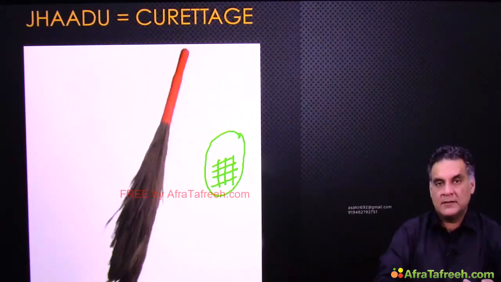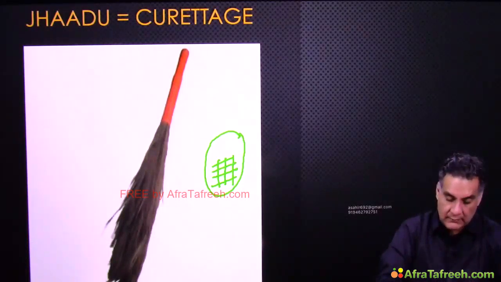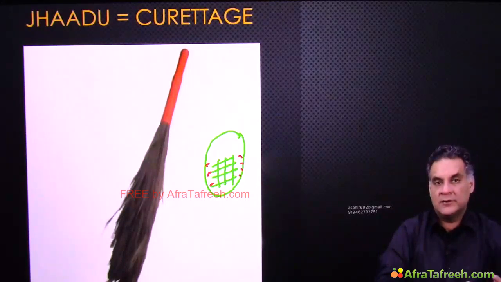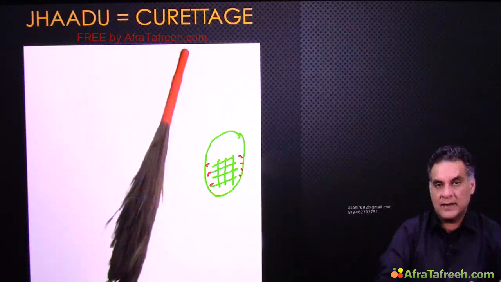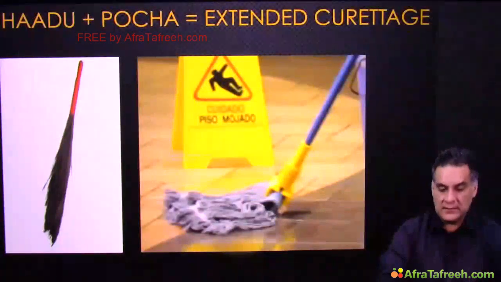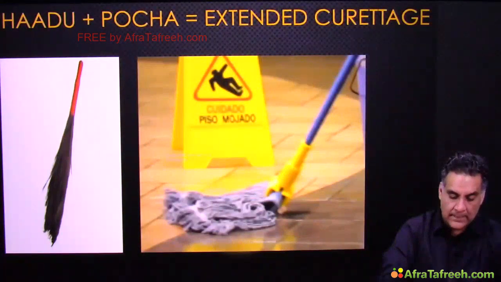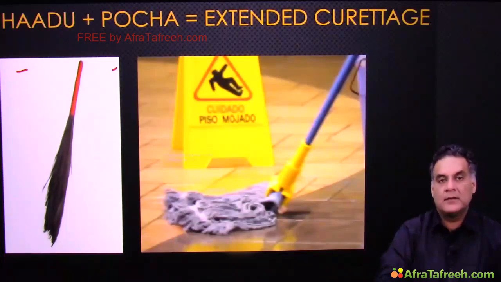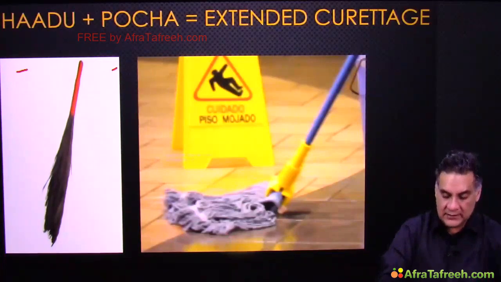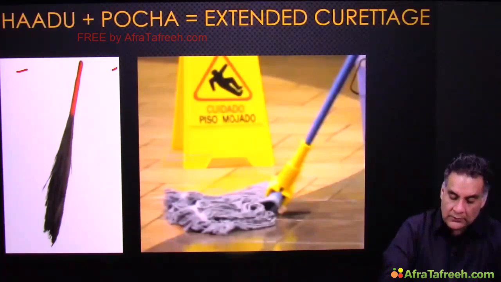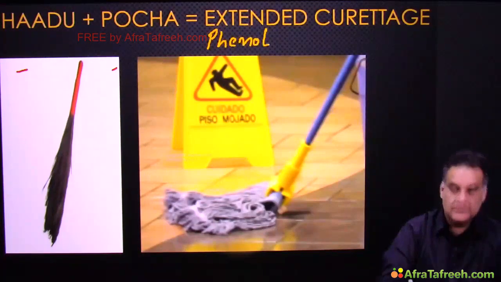But sometimes the tumor particles are sticking to the walls. When they are sticking to the walls, it is important to remove this component. That is why in such cases, dry mopping should be coupled with wet mopping. This is called jhadu plus pocha, also called extended curettage. Most common chemical used for extended curettage, phenol.